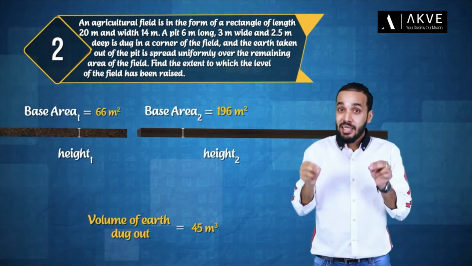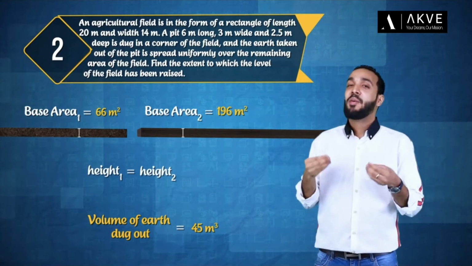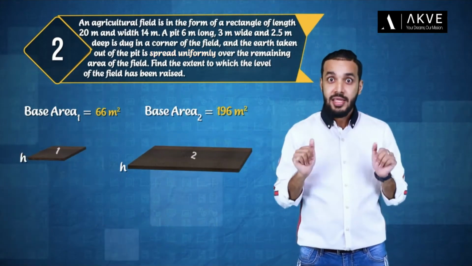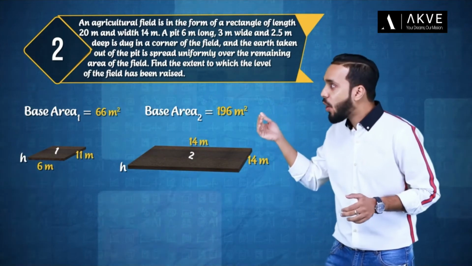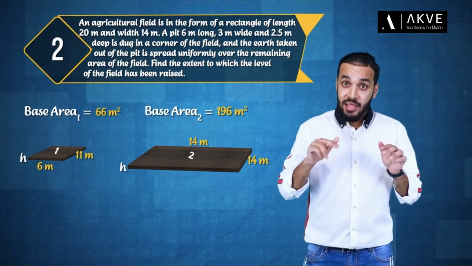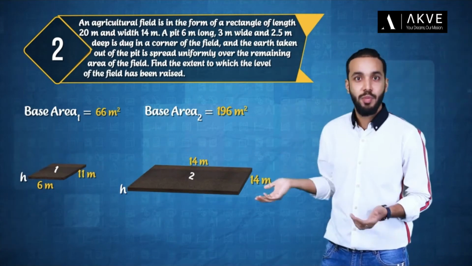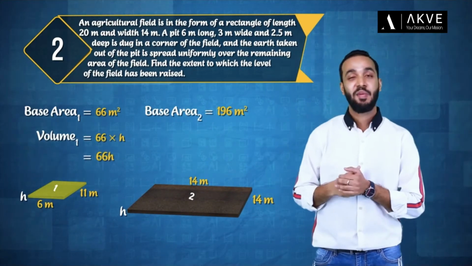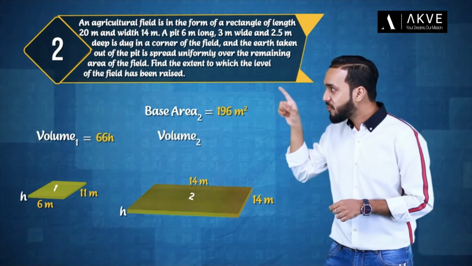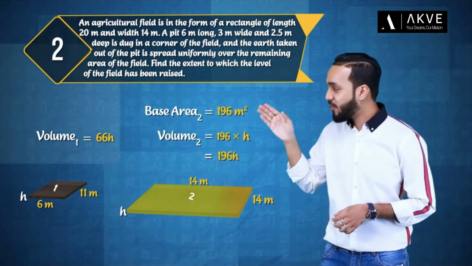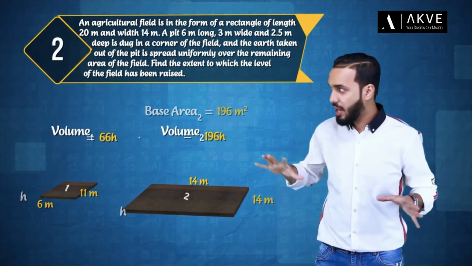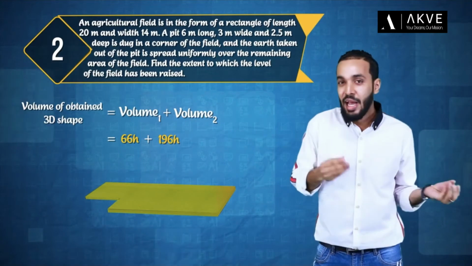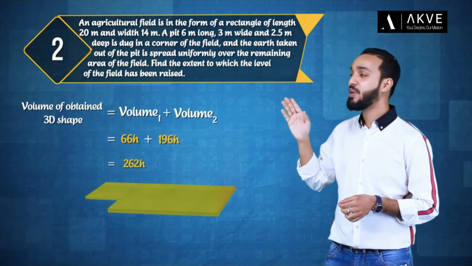Whatever they are going to be, the same for both because the earth was spread uniformly. So, if we take the common height as h, the volume of cuboid 1 would be 66 into h, which is nothing but 66h. Similarly, the volume of cuboid 2 would be 196h. Adding them up, we get the volume of the complete 3D shape as 262h.